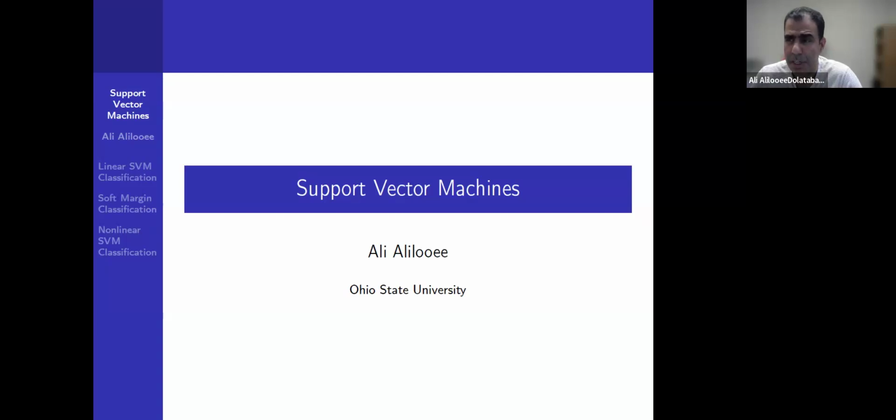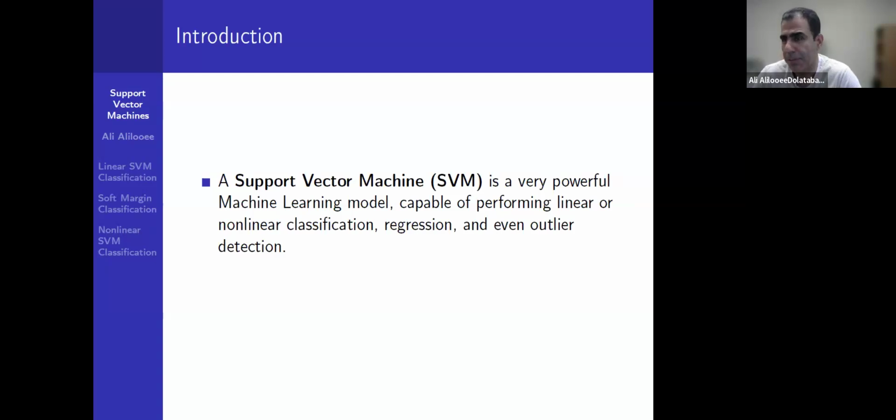We will see linear SVM first, and at the end of this week, we will see nonlinear SVM. We will also see two different types of SVM: soft SVM and hard SVM. Then let's start with SVM.